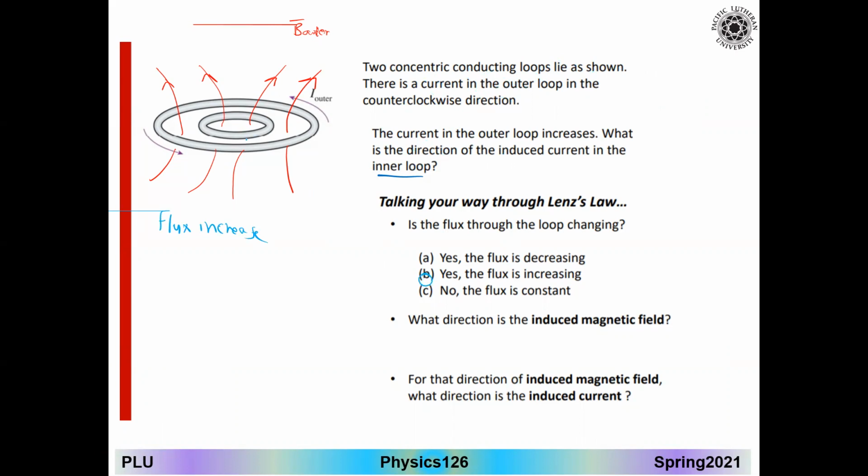And since it increases, by Lenz's law the loop will resist that change. We're going to produce the magnetic field in the opposite direction, and that direction here is pointing down. Okay, here it's going to be pointing down.